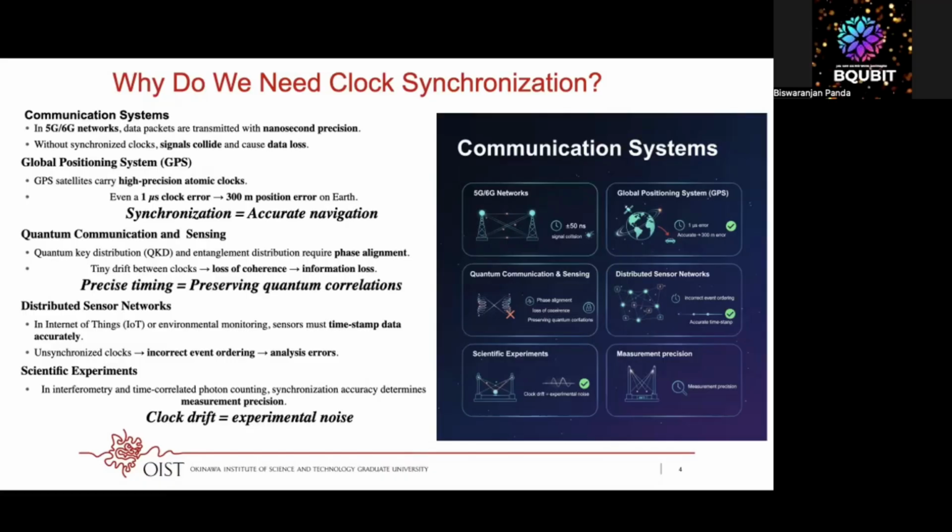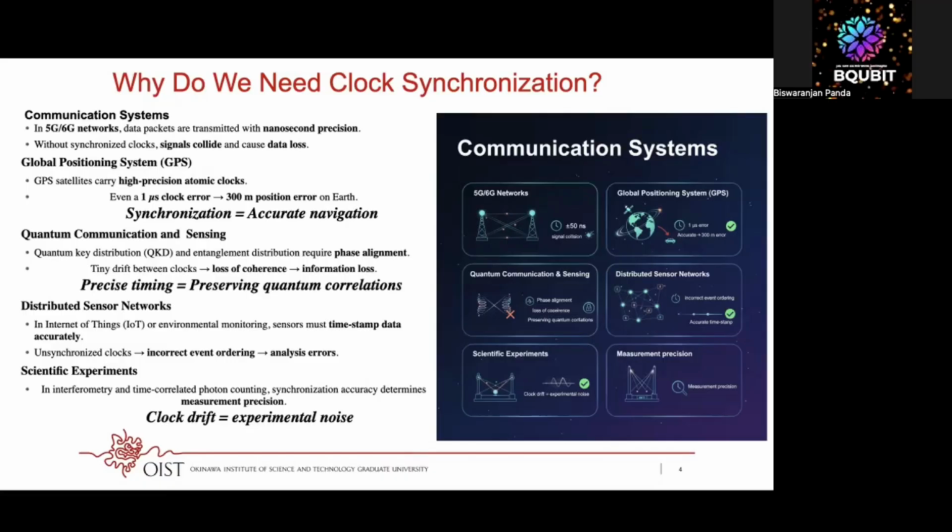If your cell phone's clock is not synchronized with the satellite system, then it will create a major problem to find your location.